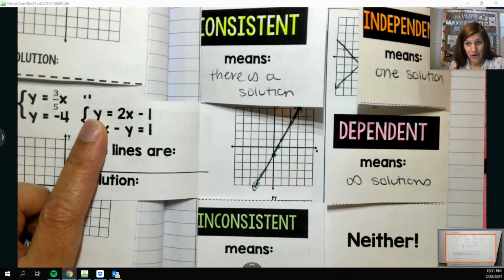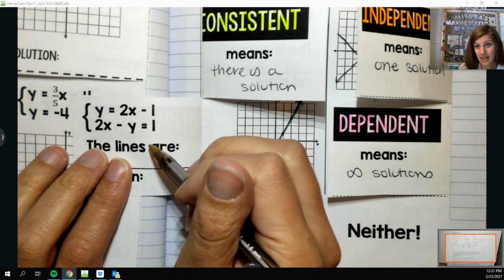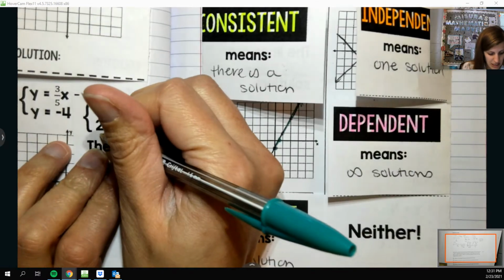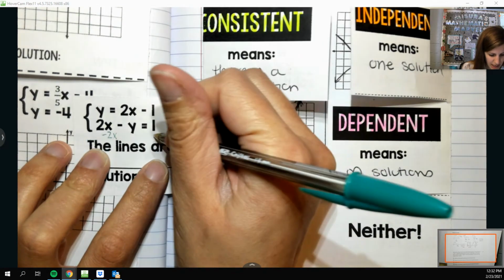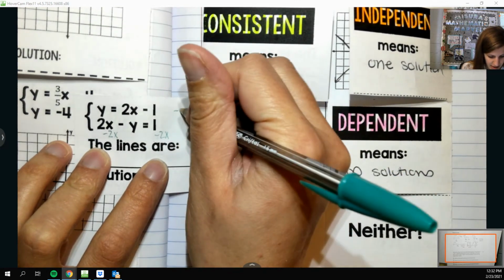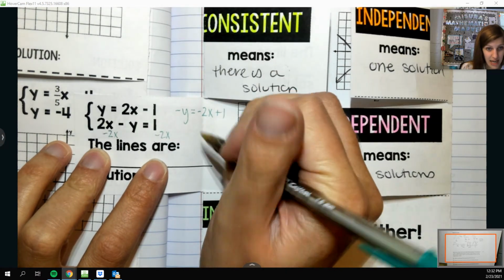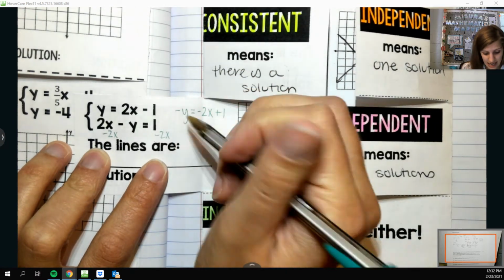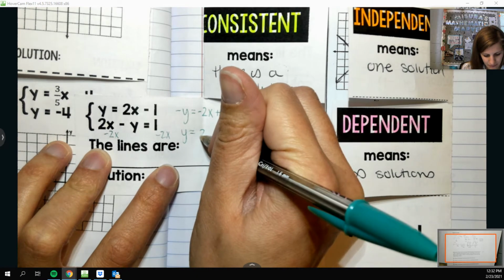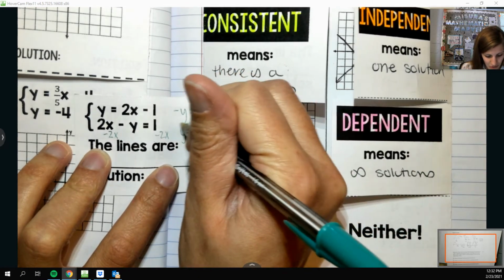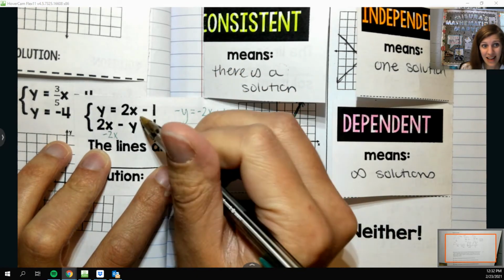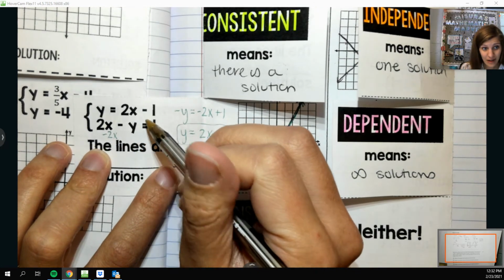Now I can also know for sure because if I rewrite this as y equals mx plus b, I would subtract the 2x both sides, and I'd have -y equals -2x plus 1. And then I need to change all the signs so that y will be positive. And when you do that, you end up with the exact same equation that we had to start with.